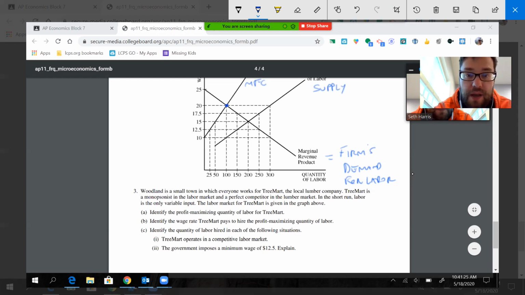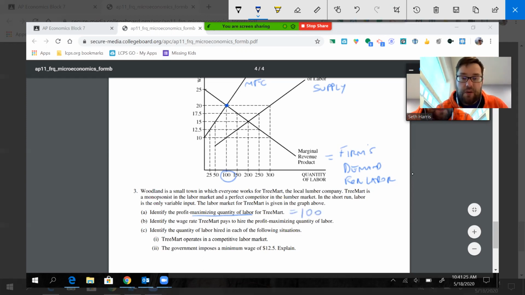That gives the quantity. So for part A, we come down and find that quantity to be 100.